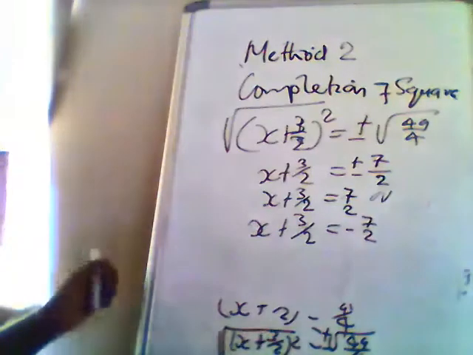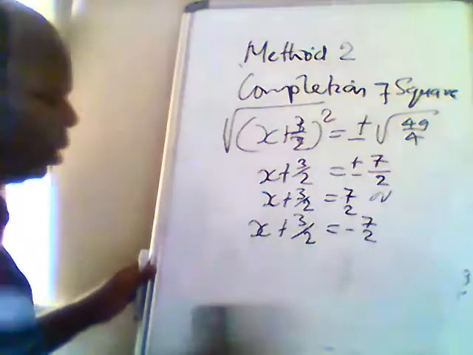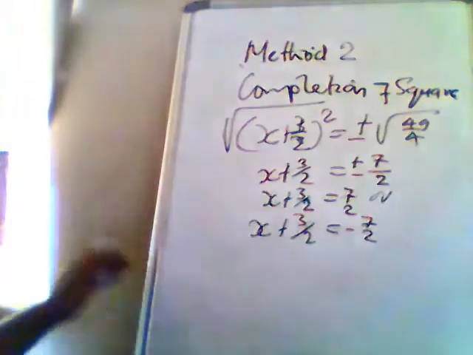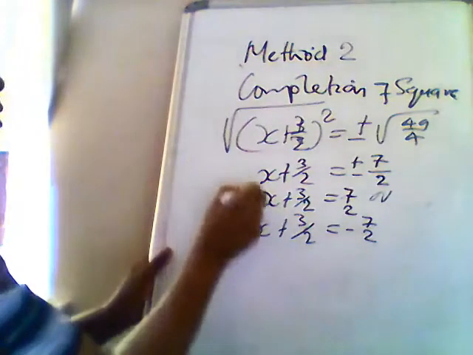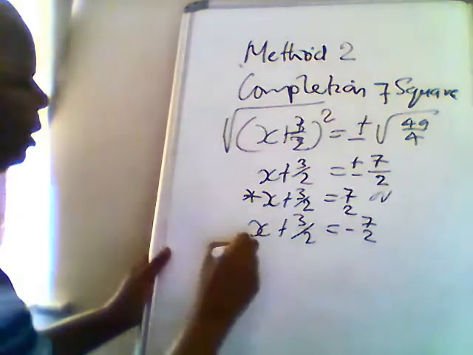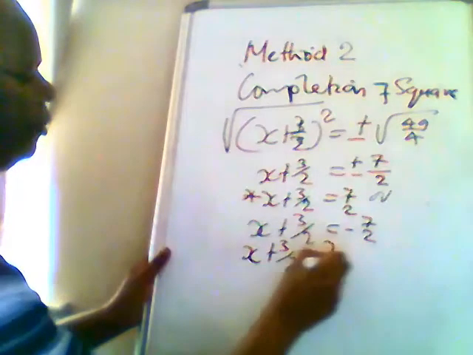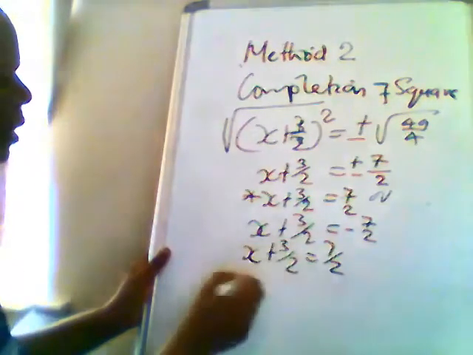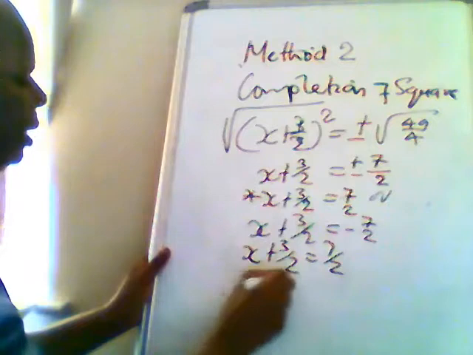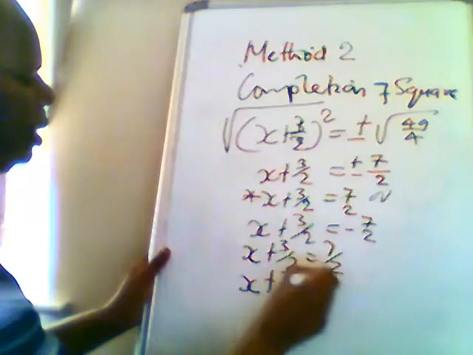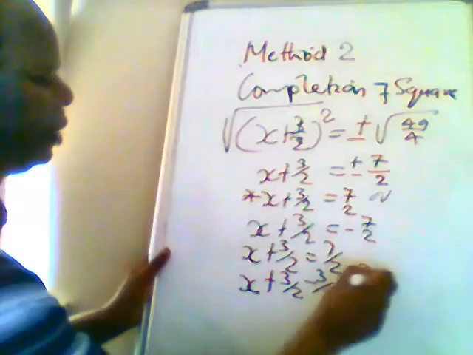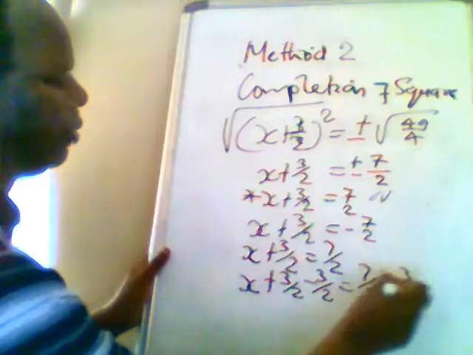So let's work out each one of those to find the value of x. I take the first one here: x plus 3 over 2 equals 7 over 2. I need to subtract 3 over 2, so x plus 3 over 2 minus 3 over 2 equals 7 over 2 minus 3 over 2.